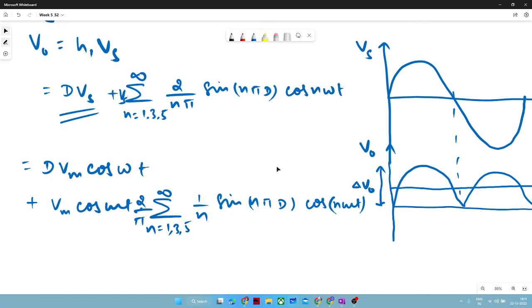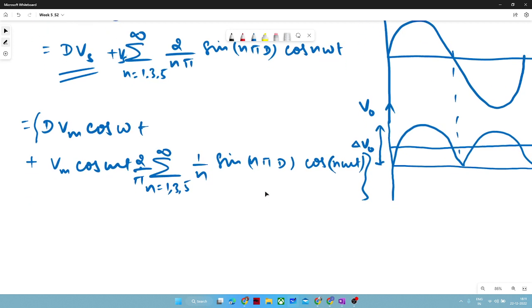So another issue arises here. Do you see what the issue in this expression is? Because I am not able to see any DC component in this expression. I'm sure you also would not be able to see any DC component. Because I multiplied just d with Vm cos omega t, I will get dVm cos omega t, and generally d is like half, so Vm cos omega t by half.